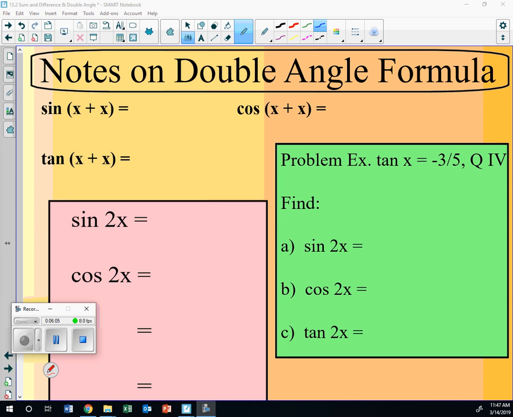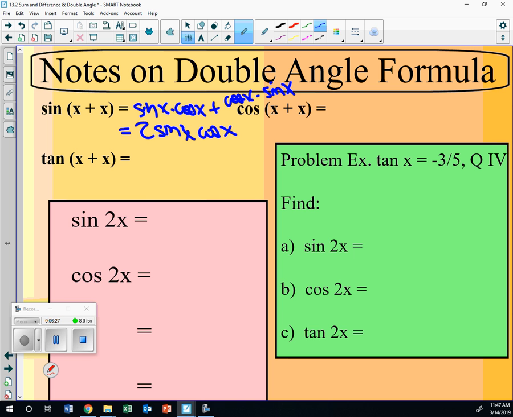If we're doing a double angle problem, sine 2x is like sine of x plus x, which is sine cosine plus cosine sine. Notice you have sine x cosine x twice, so that's where we get 2 sine x cosine x.